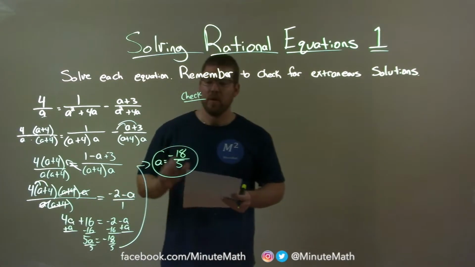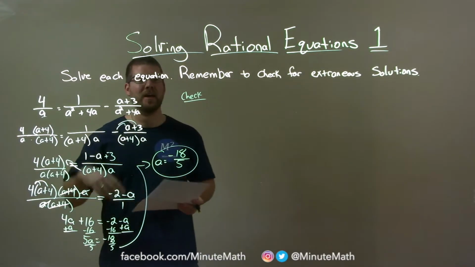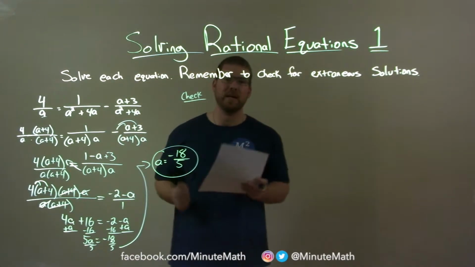To do that, we have to plug negative 18 over 5 in for a in our original equation and see if the left and right hand side are equal.